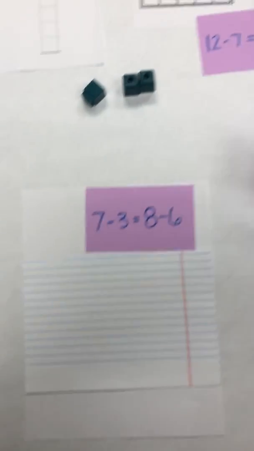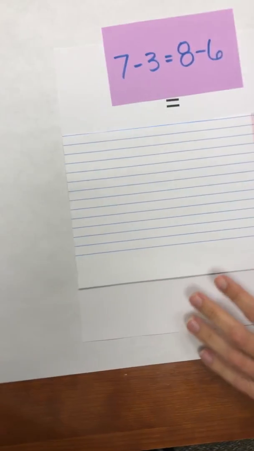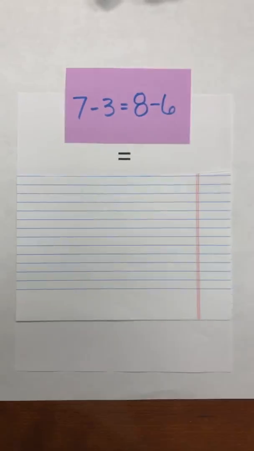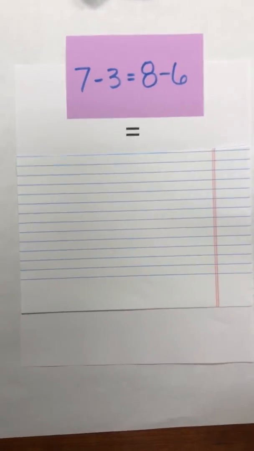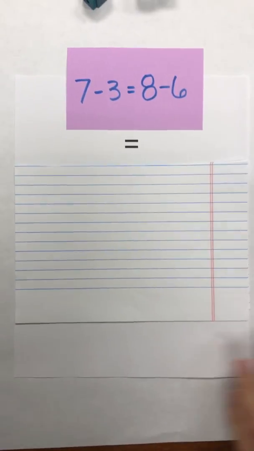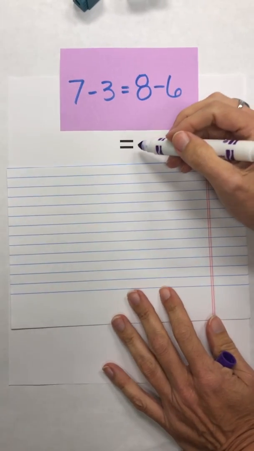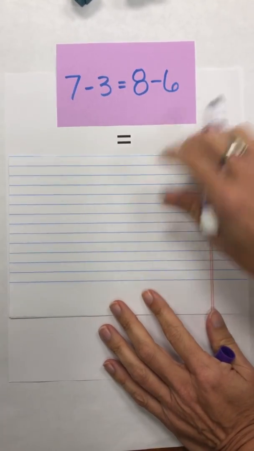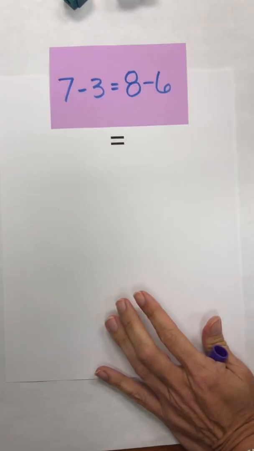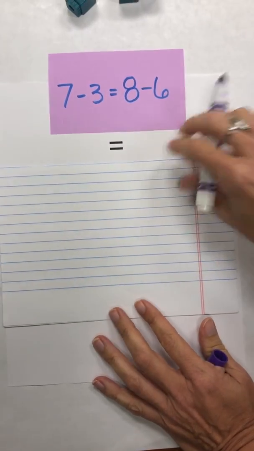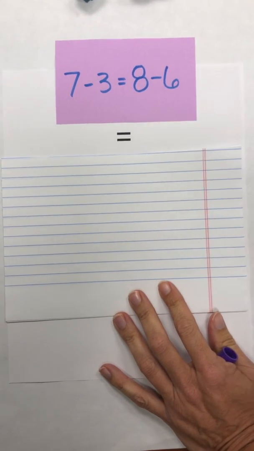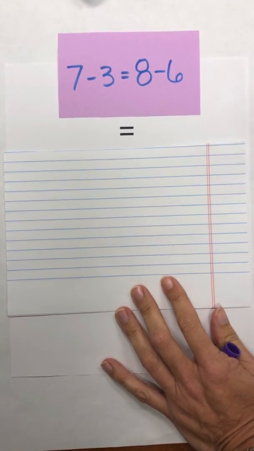Now, finally, let's look at how students can model this on their own paper, because you want to start with manipulatives, but then eventually they need to be able to solve this without having the manipulatives. So they can have a little equal sign on their paper. They can use lined paper. You might want to start there, and then they could just do blank paper as well. But it's going to be important that whatever object they draw to represent the numbers is the same size.